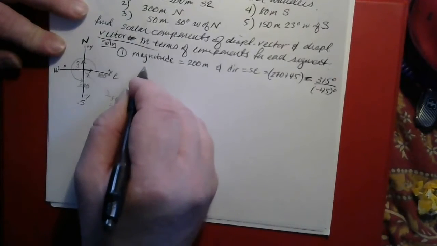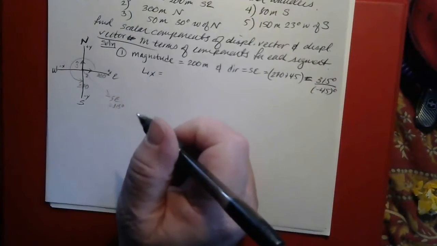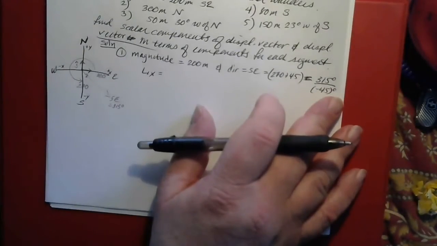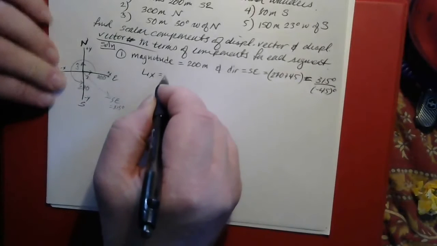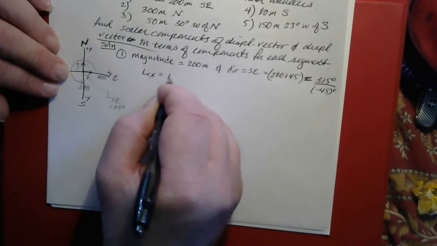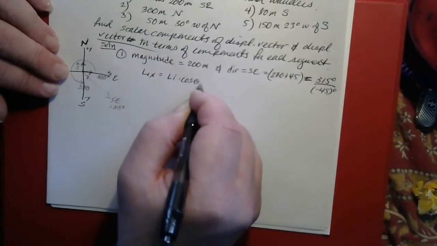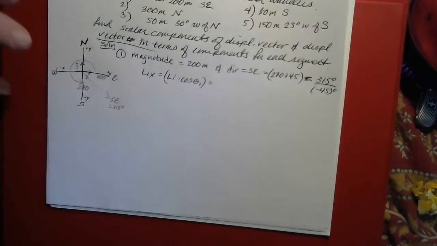Okay, so the x component of the first leg, I'm going to keep L because that's what the book uses, because they're calling these segments legs. L1 in the x direction would be L1 times cosine of theta 1. That is the angle for this particular vector.